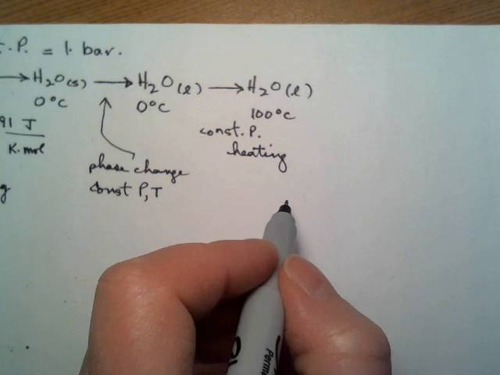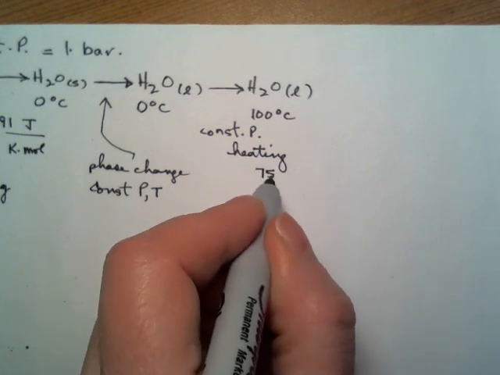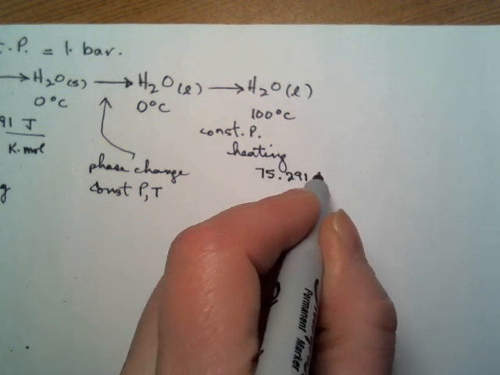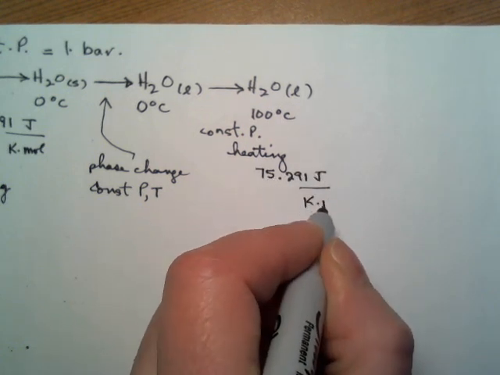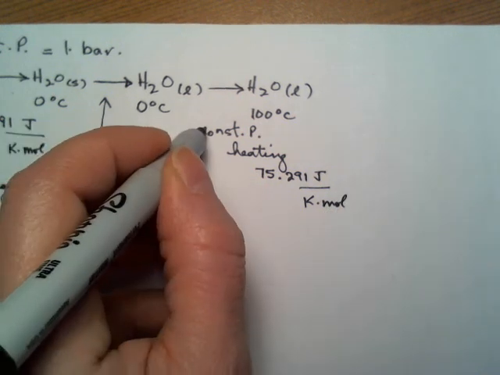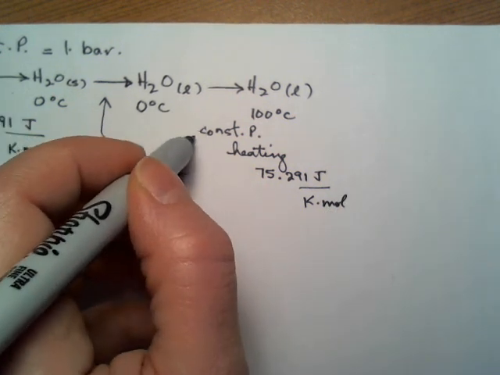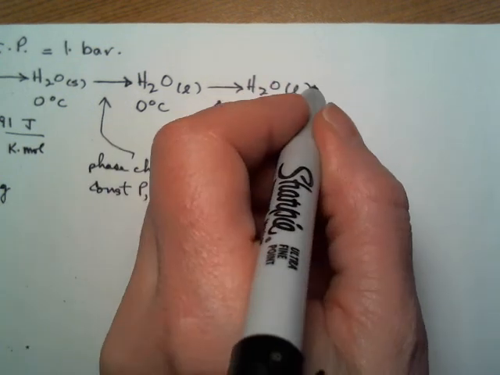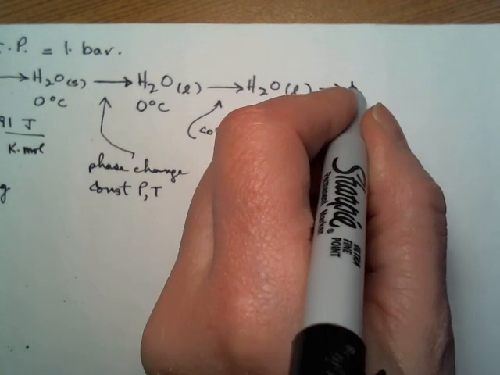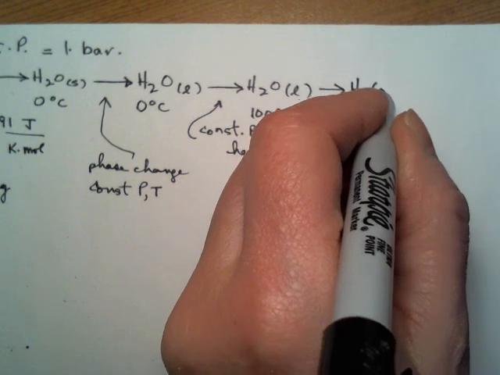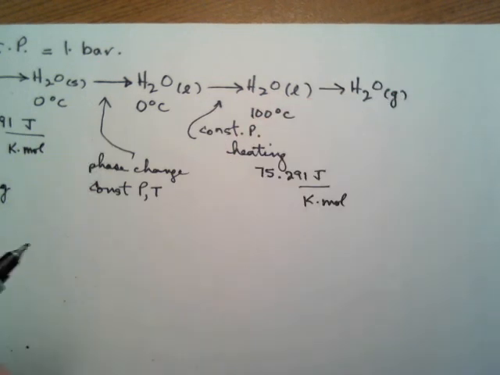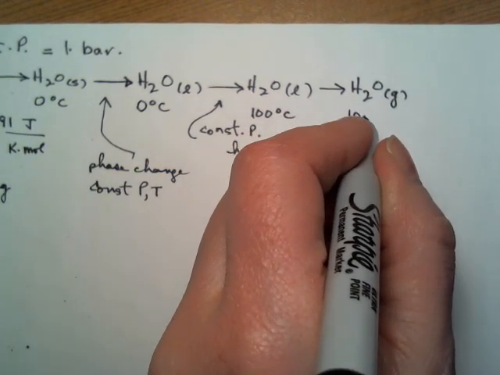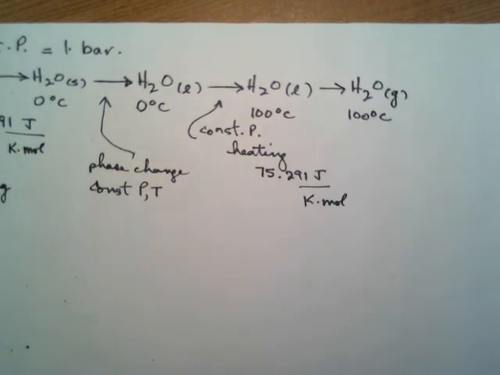and I'm still going to use the same heat capacity because I'm instructed to. Although I'm wondering about that. So that's that path. And then I have another phase transition. I'm going to shorten my arrows here to fit everything in. You can put gas or vapor, it doesn't matter. It matters that it's the same temperature.